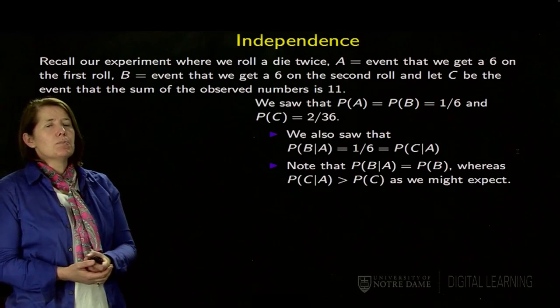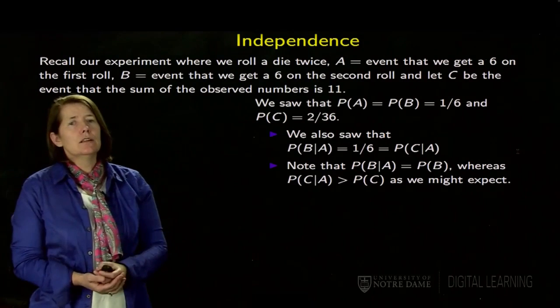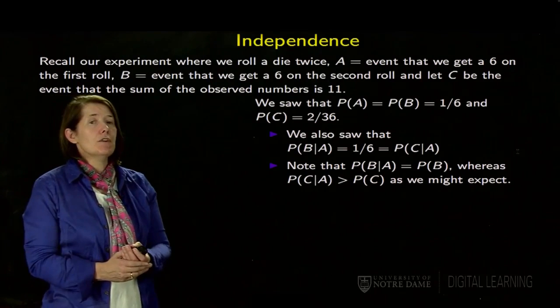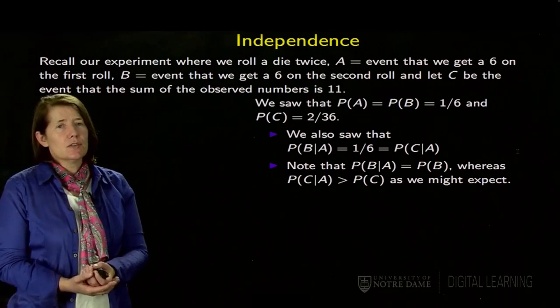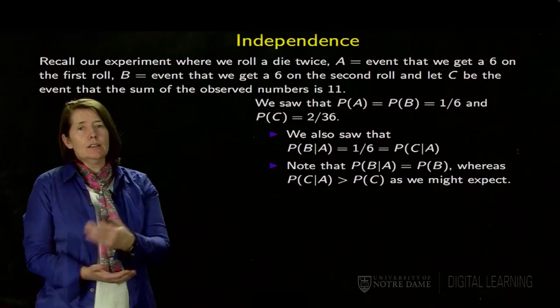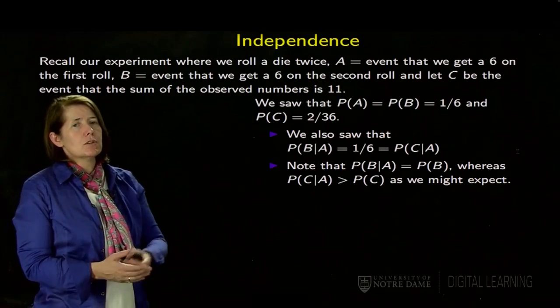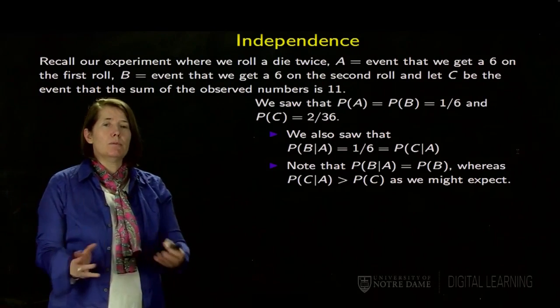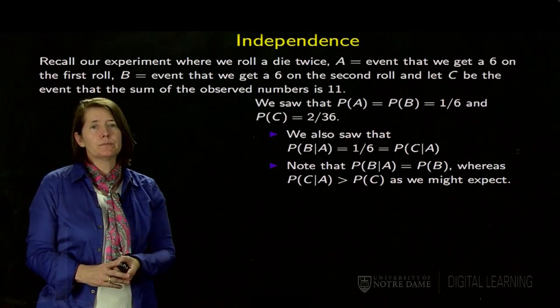Notice that the probability of getting a 6 on the second, given we got a 6 on the first, is exactly the same as the probability of getting a 6 on the second. The underlying condition that we got a 6 on the first has no influence whatsoever on the probability of B, on the probability of getting a 6 on the second.